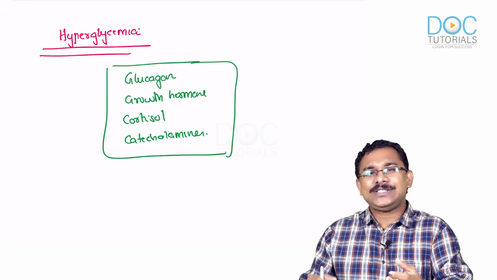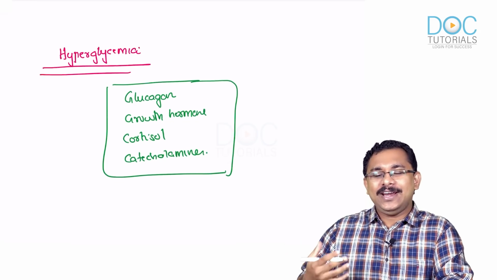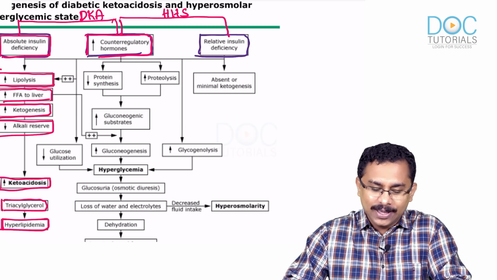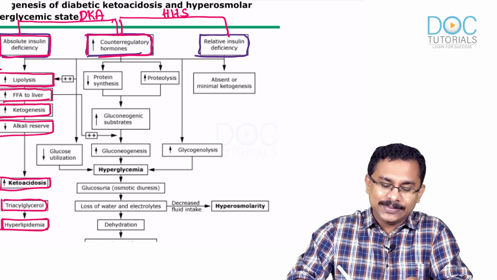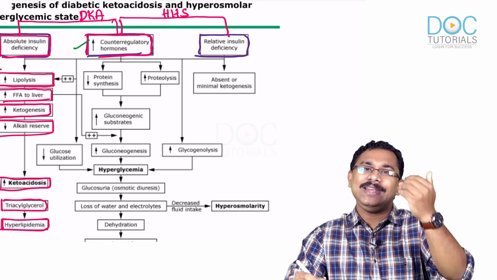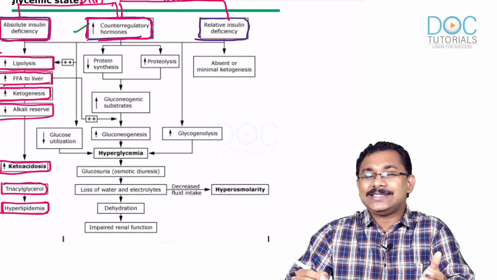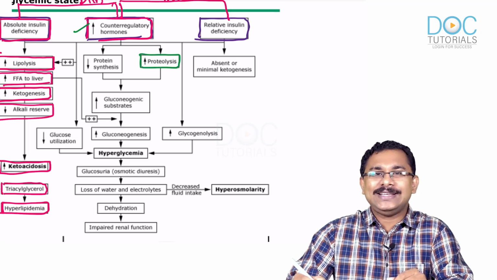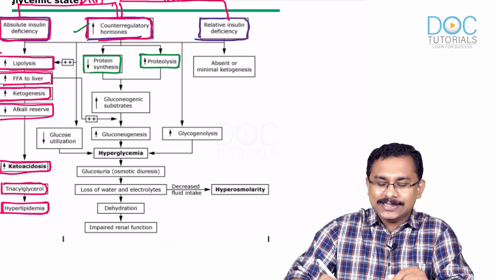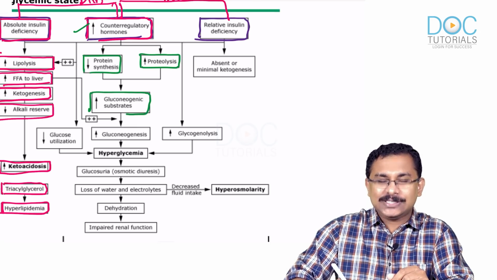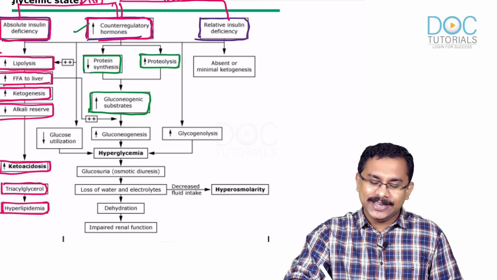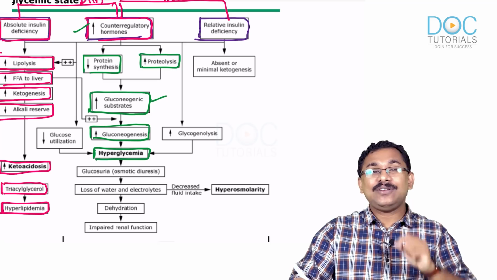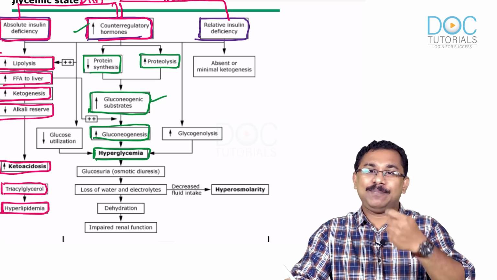The glucose is not coming into the cell for utilization, because of which, as a compensatory mechanism, the level of counter-regulatory hormones will increase. And what happens as a result? There is increased proteolysis and decreased protein synthesis, and subsequently the amino acids form gluconeogenic substrates, and there is increased gluconeogenesis, which worsens the vicious cycle of hyperglycemia.